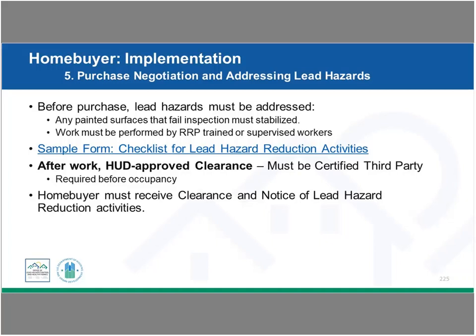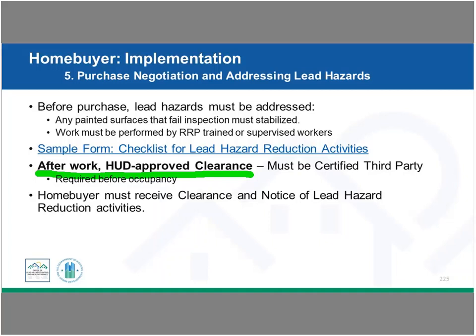So determining whether we have surfaces that need to be treated, determining that it's being done by an RRP trained contractor or supervised workers. Also, we mentioned that if the owner themselves are doing it, having third-party clearance as part of that to make sure it has been completed. So really the key here is in all examples, we need to have HUD-approved clearance.